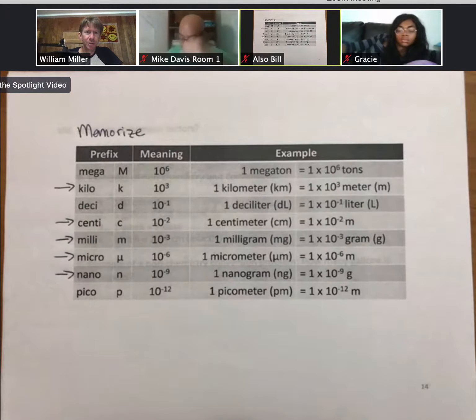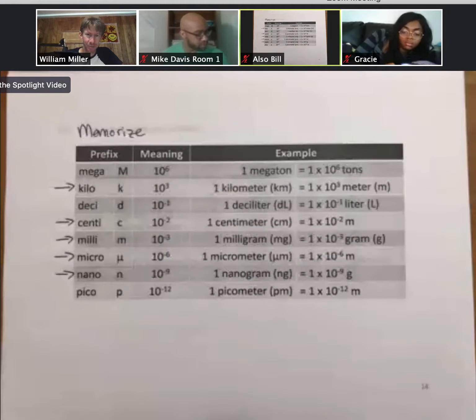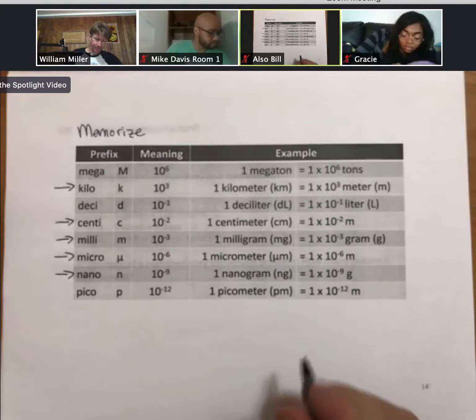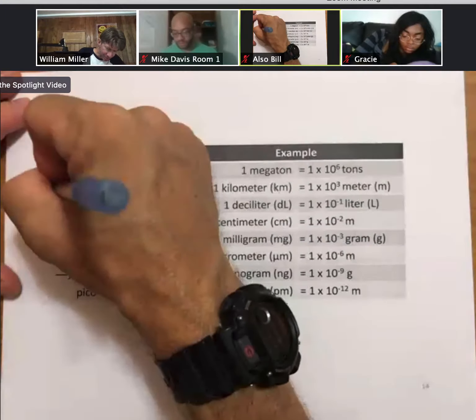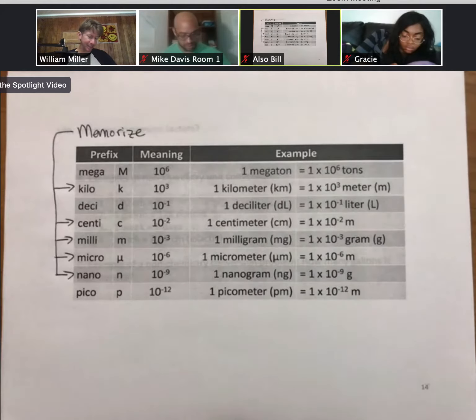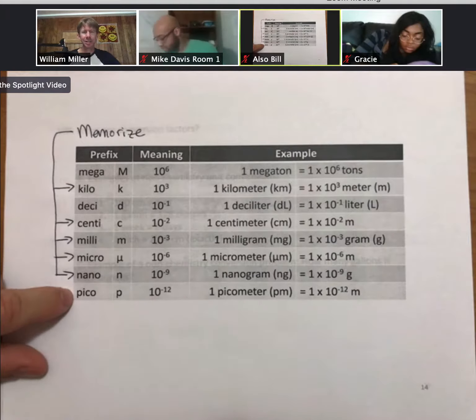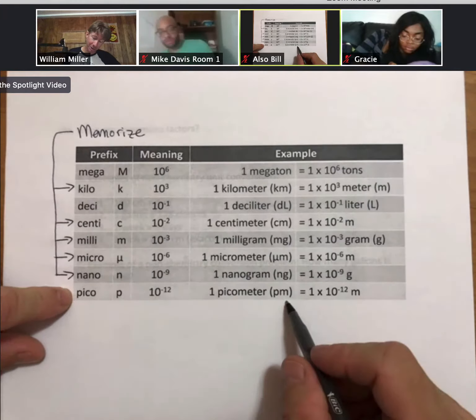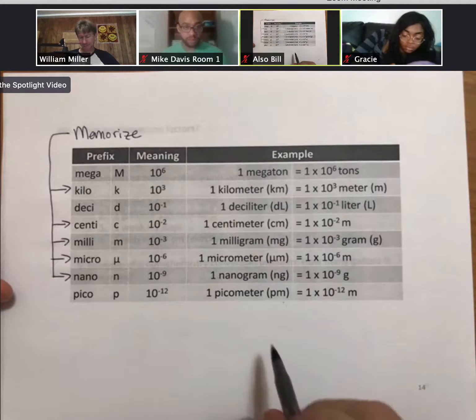Those ones show up a lot in problems. So if you know what they are, it'd be really helpful. The other ones, every once in a while you'll see a pico, like a picoliter or a picometer show up, but it doesn't happen as much.